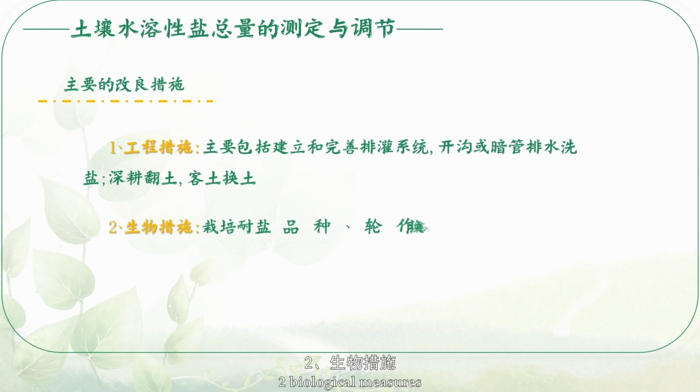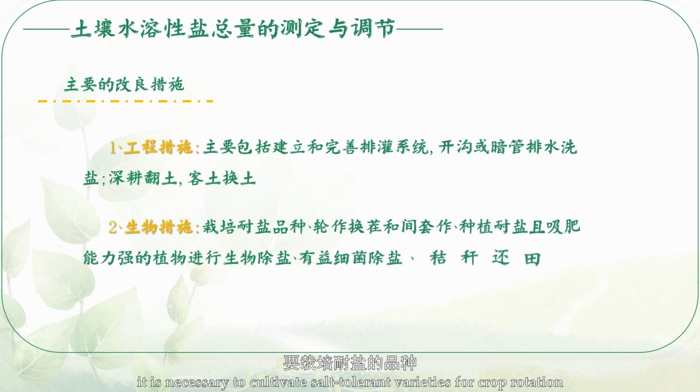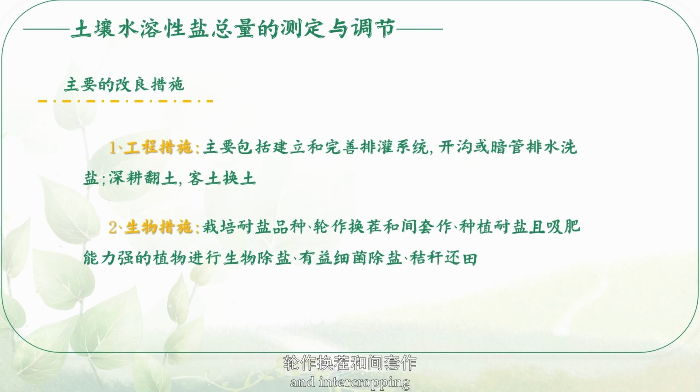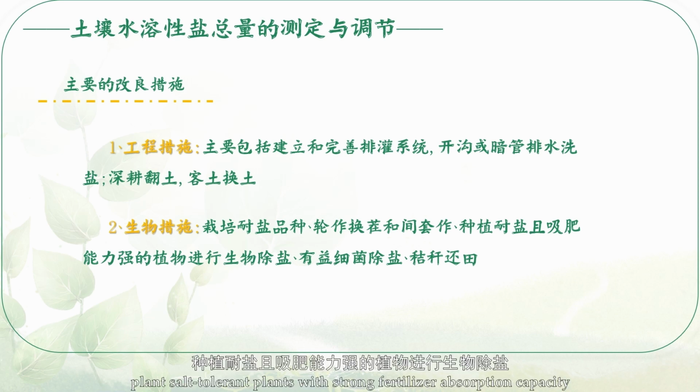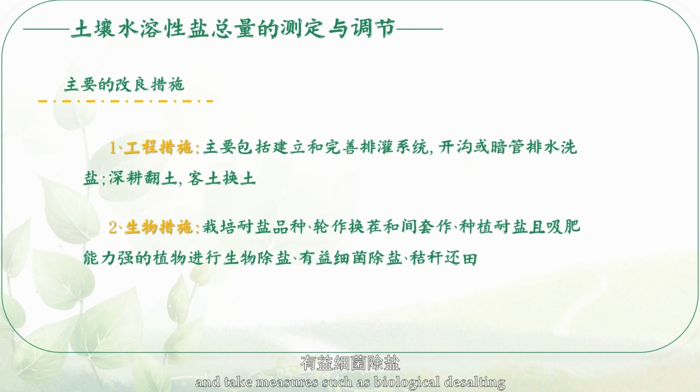2. Biological measures. It is necessary to cultivate salt-tolerant varieties for crop rotation and intercropping, plant salt-tolerant plants with strong fertilizer absorption capacity, and take measures such as biological desalting, beneficial bacteria desalting, and straw returning to the field. 3.